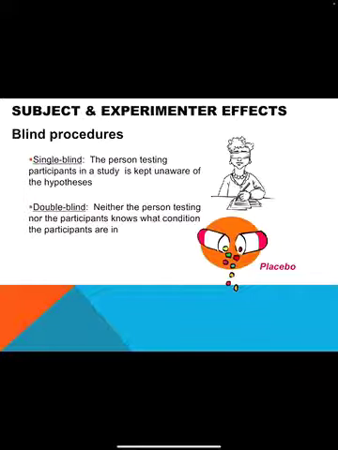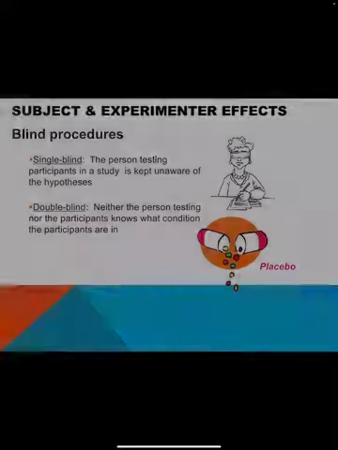So it still looks and tastes like a pill. But those participants don't even know what group they're in. So their expectations wouldn't affect them because they would all think they were getting some sort of treatment. So those are ways to combat or eliminate threats to internal validity for subjects and experimenters.